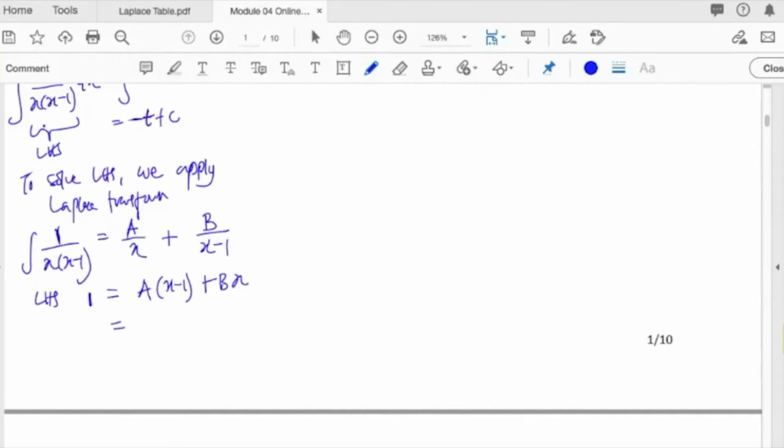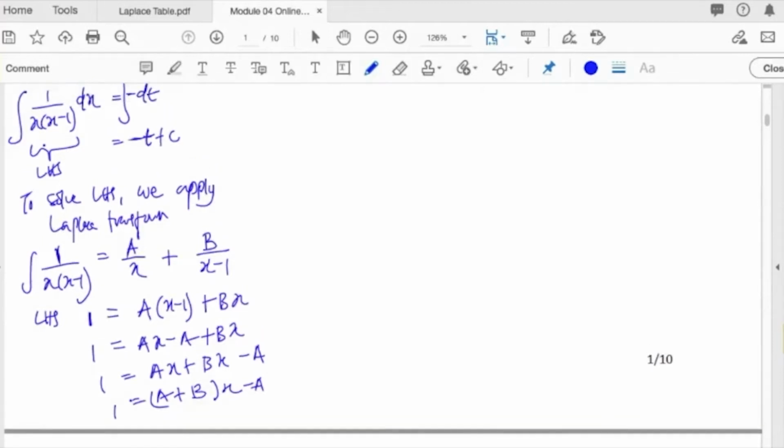So we solve this: ax minus a plus bx equal to 1. So we have a plus b times x minus a equal to 1.